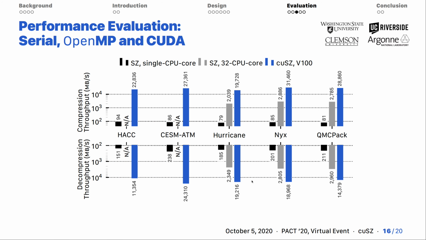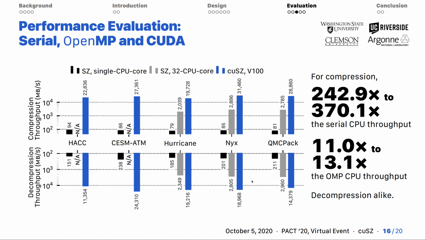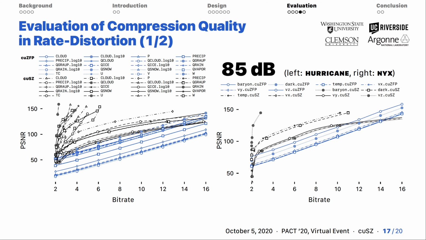And we also compare the performance to single-core and multi-core CPU. Compared to single core, it's over 200 times, and compared to OpenMP, we can still achieve over 10 times the throughput. And another aspect to evaluate is compression quality.